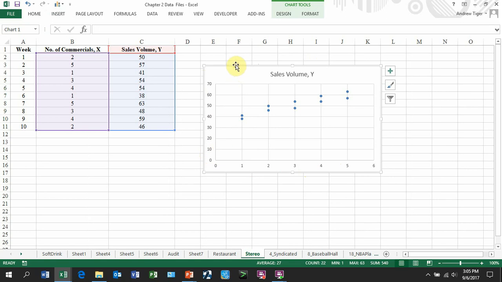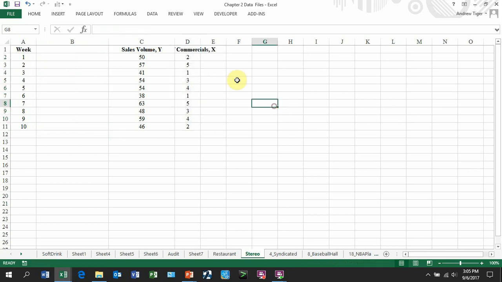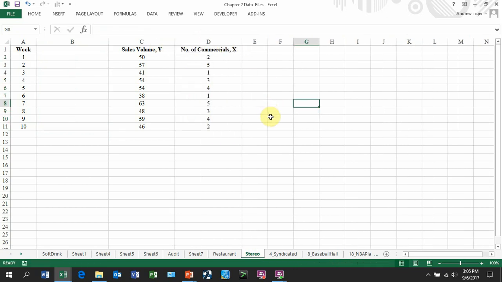So how am I going to trick you on a test? I could give you the exact same data, but I've got it like that. I put the x-axis to the right of the y-axis.